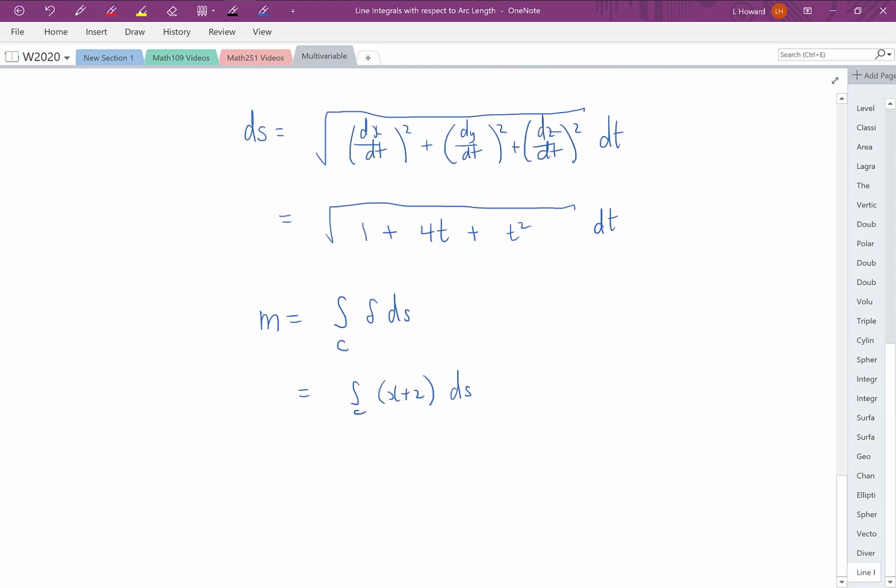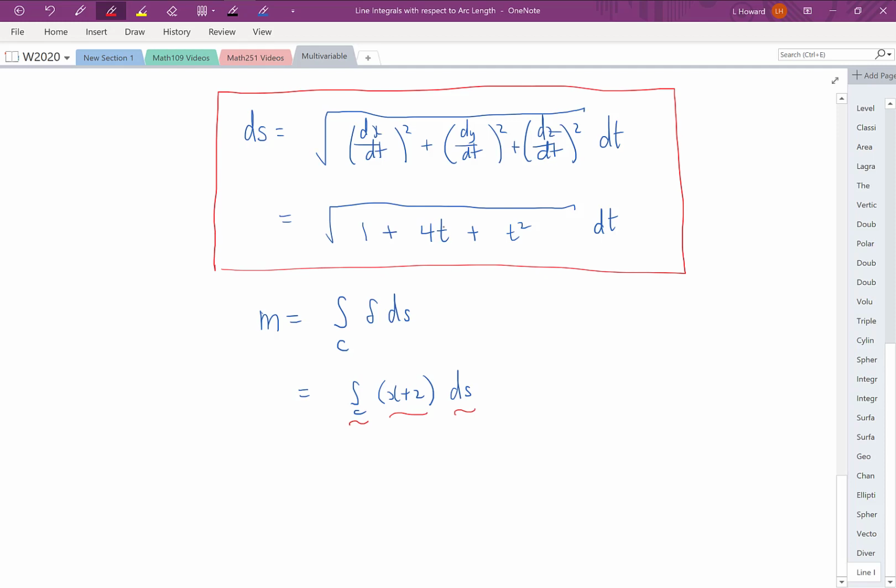So in order to turn this into an integral that we can calculate, the idea is to move everything over into the variable t. So there are three things we want to transform over to t. We want to change the limits of integration over to t. We want to change our integrand and also our ds. So here's where our formula for ds above comes into play. We'll be able to just substitute in there to get ds in terms of t.